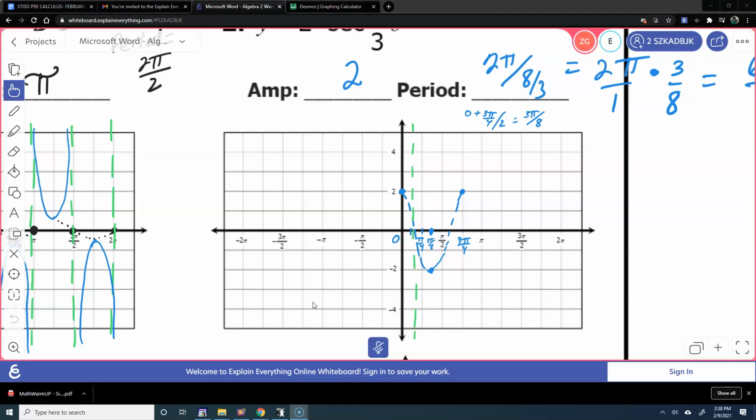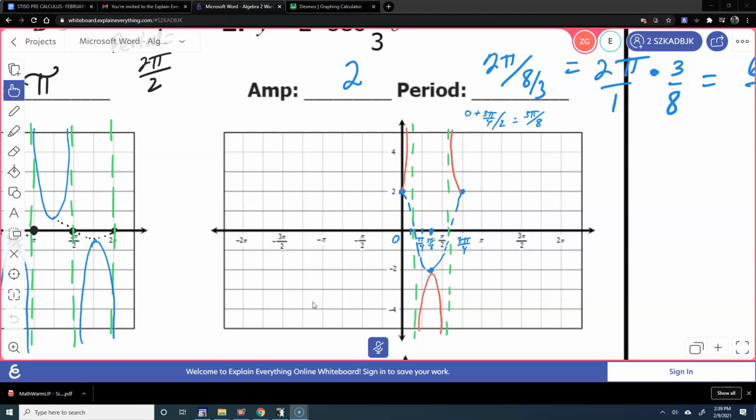Graph the asymptote. And then the other asymptote occurs in between 3 pi over 8 and 3 pi over 2. And let me just draw. Here's a part of it. Here's another part of it. And then here's a part of it.